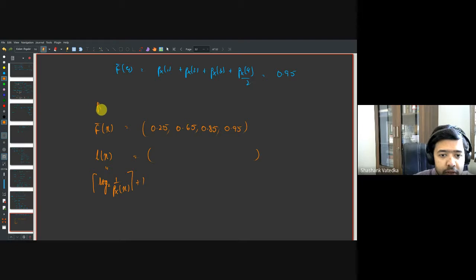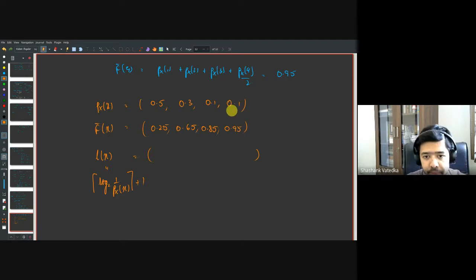Remember that p of x was 0.5, 0.3, 0.1, 0.1. Can you compute L of x for all of these?